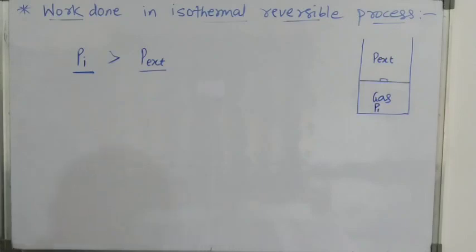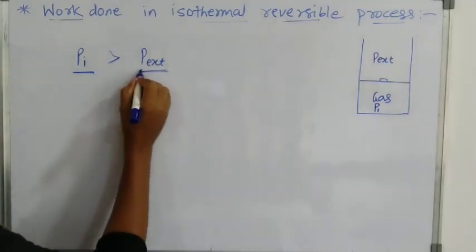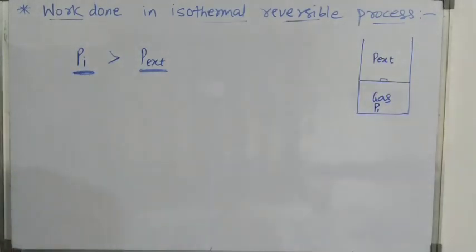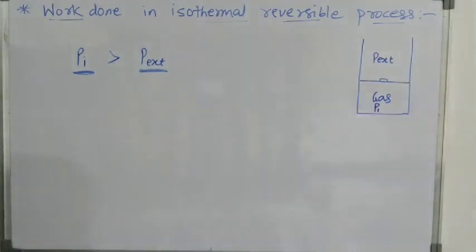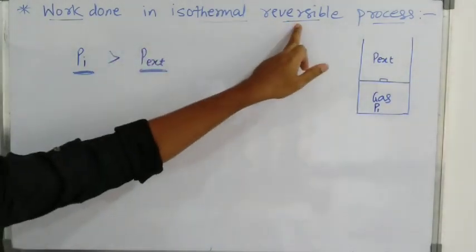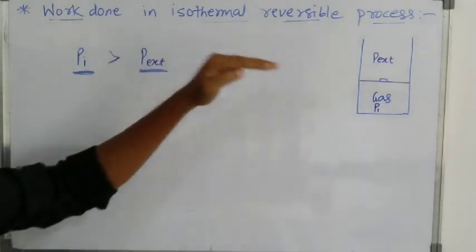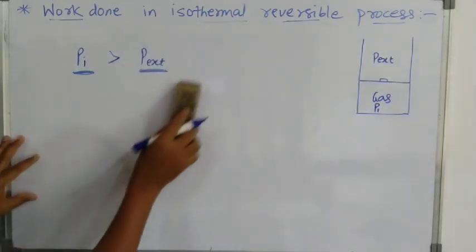At the next moment, when the external pressure is slightly greater than the internal pressure, again the gas will compress. Means in both directions. In this reversible process, the process takes place in both directions, expansion and compression.